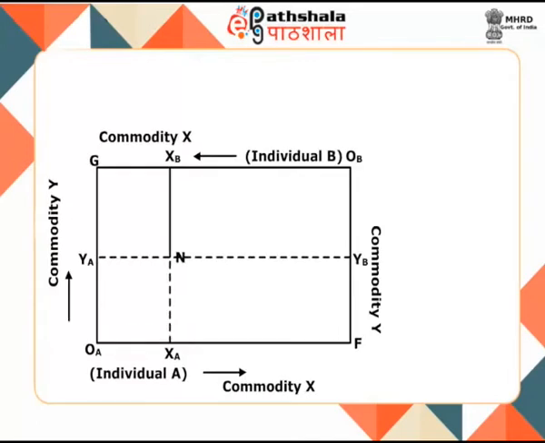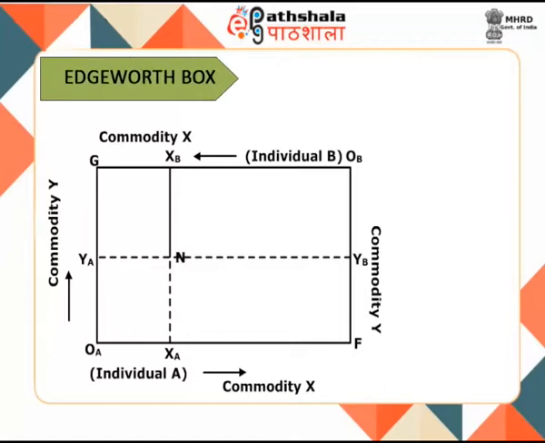The dimensions of the box measure the total quantity of X measured along the x-axis and the total quantity of Y measured along the y-axis. Each point in the Edgeworth box diagram represents all feasible allocations in this simple economy.